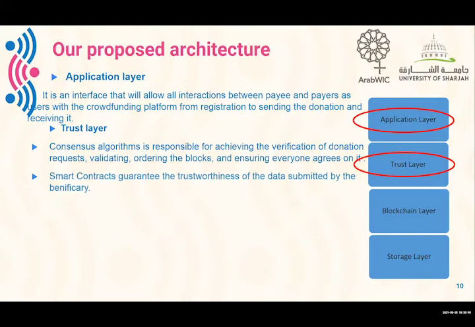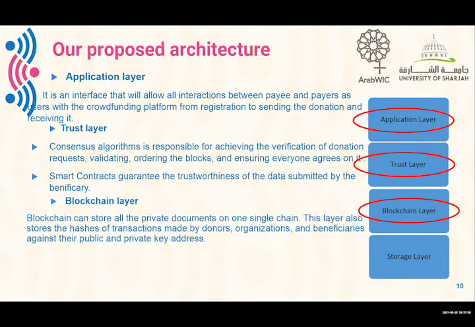And the smart contracts will guarantee the trustworthiness of the data submitted by the beneficiaries. Here we think about the verification of all the data submitted by the beneficiaries. And the third layer is the blockchain layer.